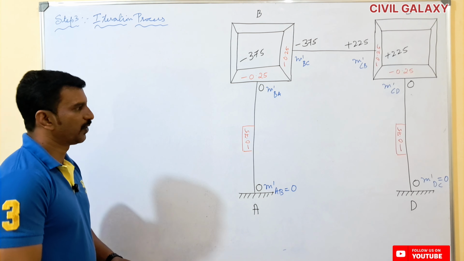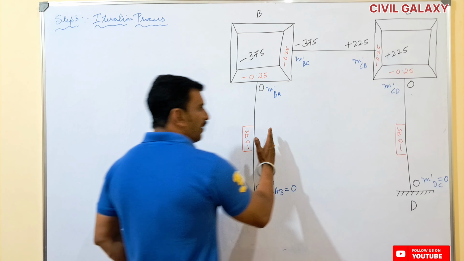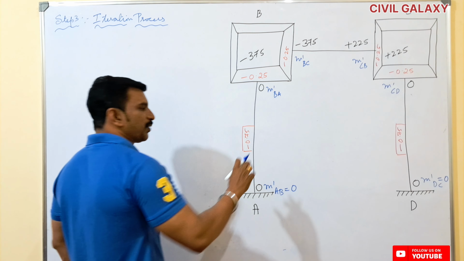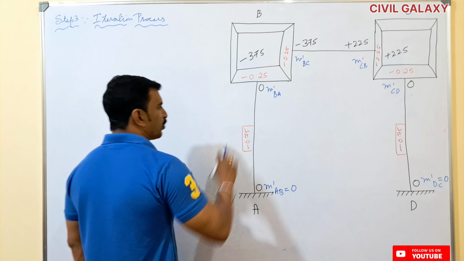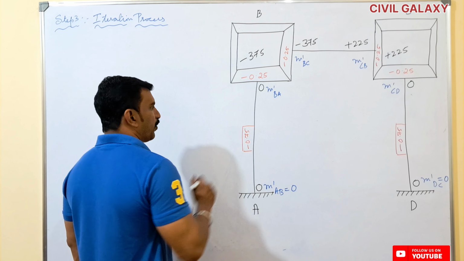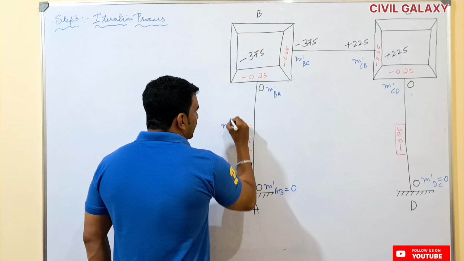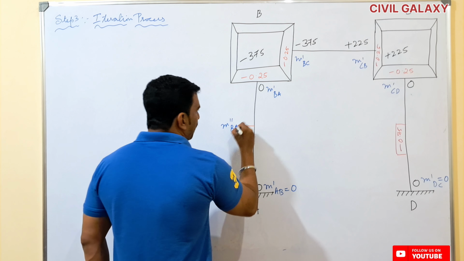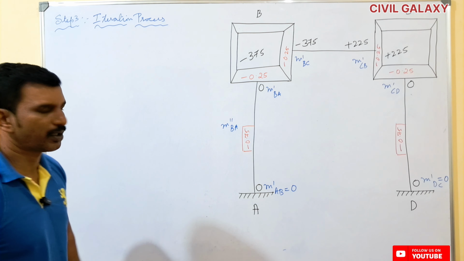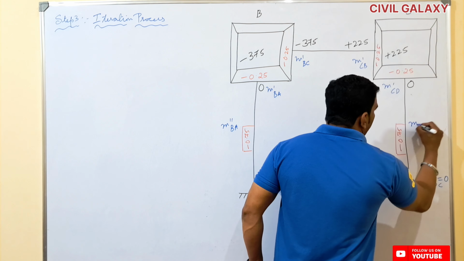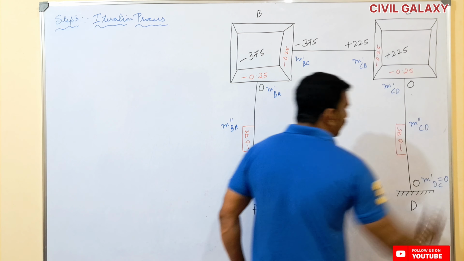Also, since the frame is undergoing a lateral sway, we need to take the displacement contributions into consideration. So for vertical member BA we have M double dash BA, the displacement contribution. For vertical member CD, it will be M double dash CD.